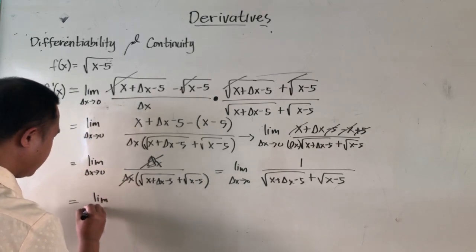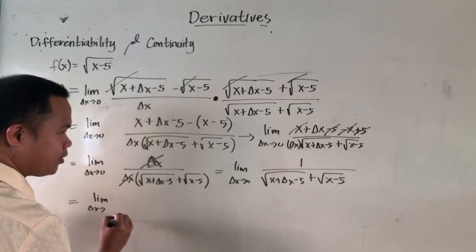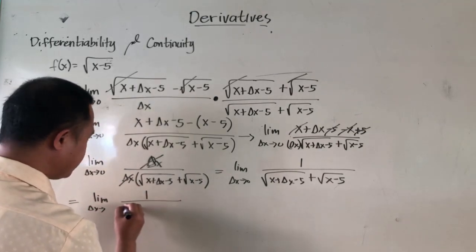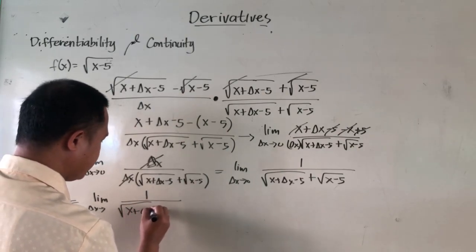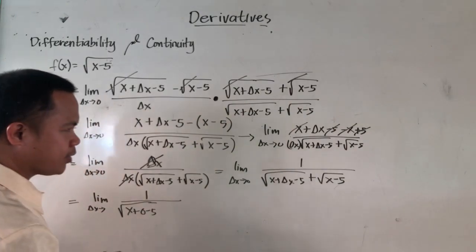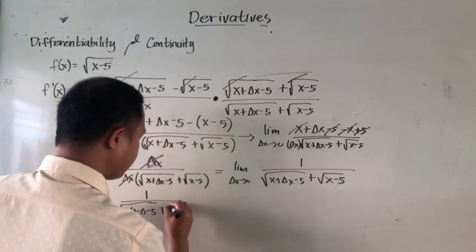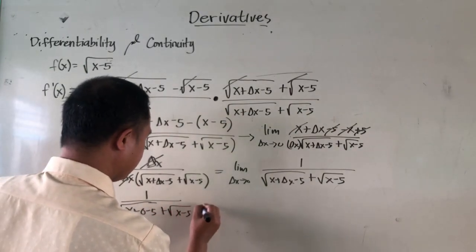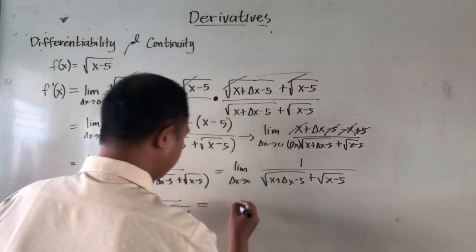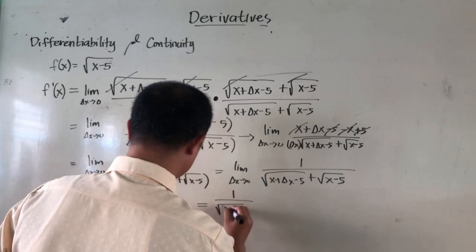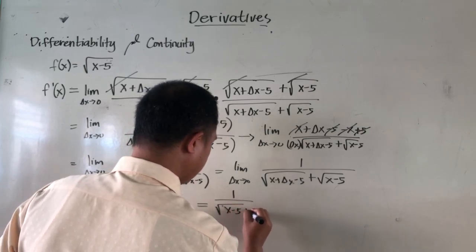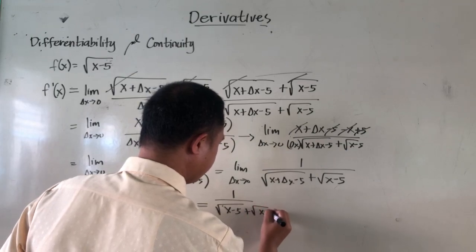So, simplifying the limit as delta x approaches 0, we will have 1 over the square root of x plus 0 minus 5, okay, plus the square root of x minus 5. So therefore, we have 1 over the square root of x minus 5 plus the square root of x minus 5.